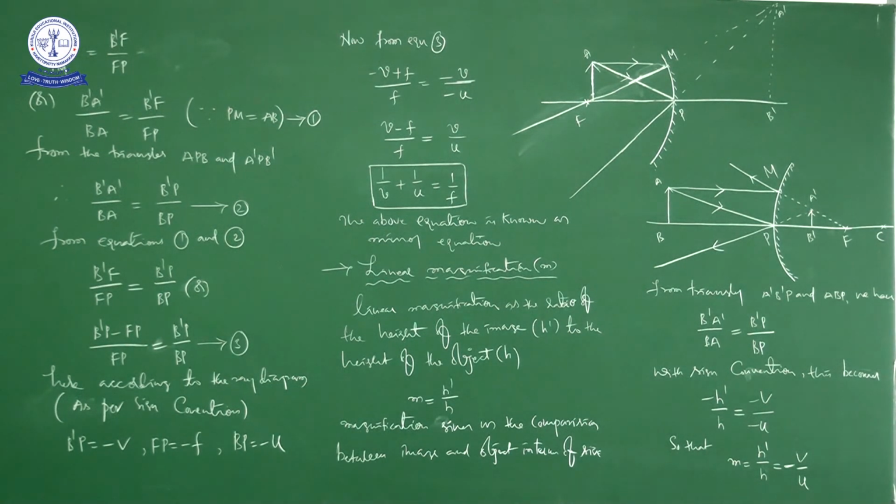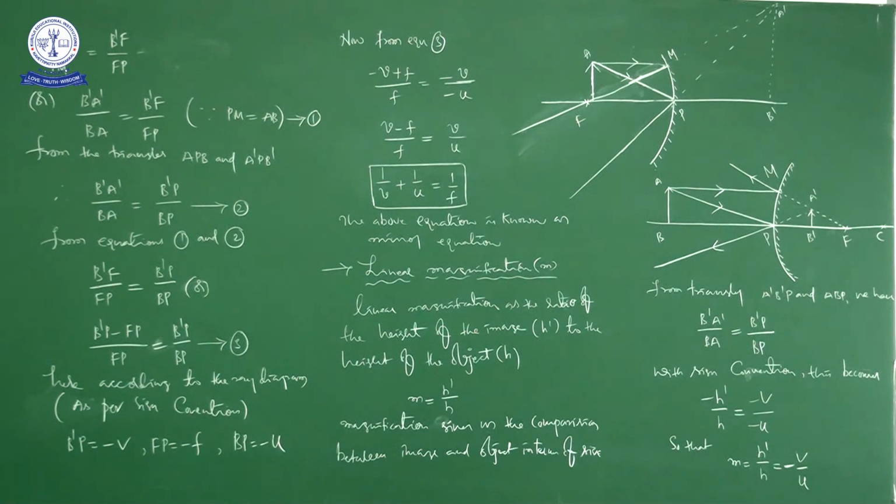Okay, so our requirement regarding the usage of plane mirrors or spherical mirrors is also to get the required sized image. It may be magnified, it may be diminished, it may be the same size. So here itself you are getting the importance of this topic, linear magnification.